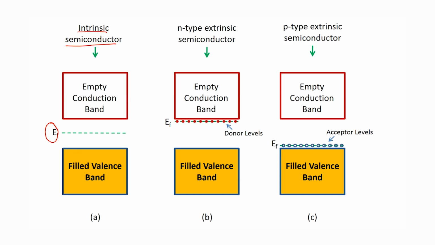Those that increase the number of electrons create what is referred to as the N type semiconductor, N indicating the fact that it now has this negative orientation with the negative charges, and it creates a set of donor levels which are very close to the conduction band.